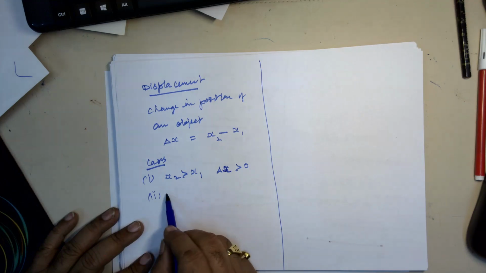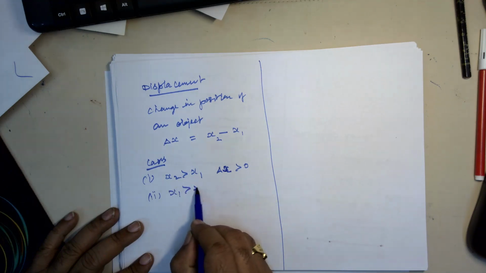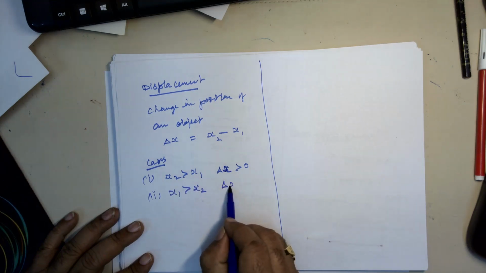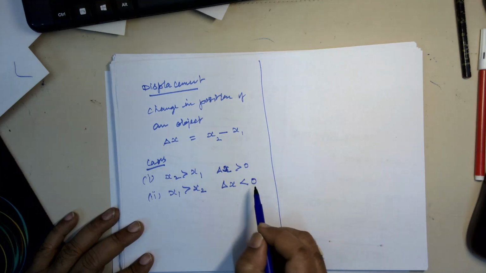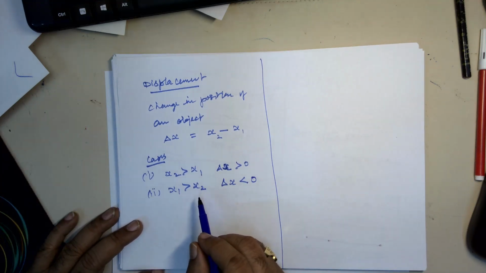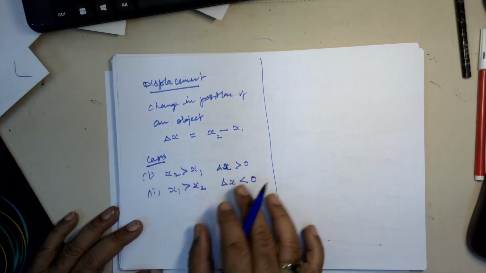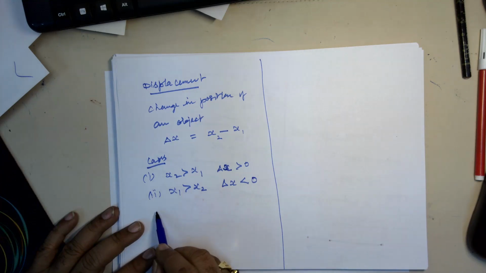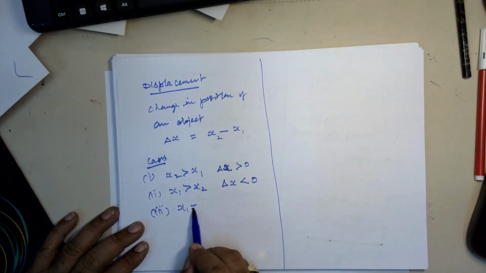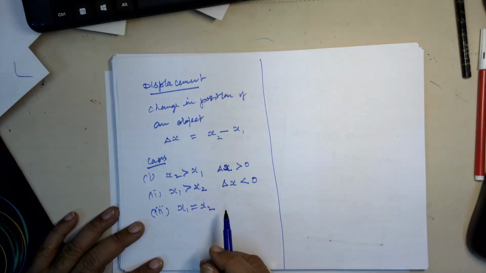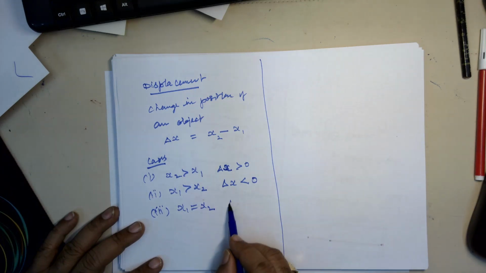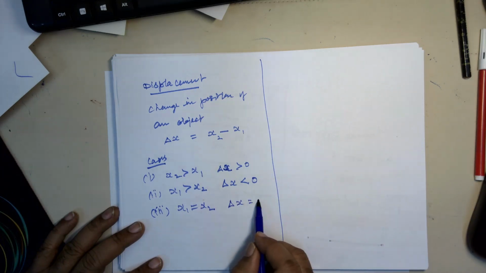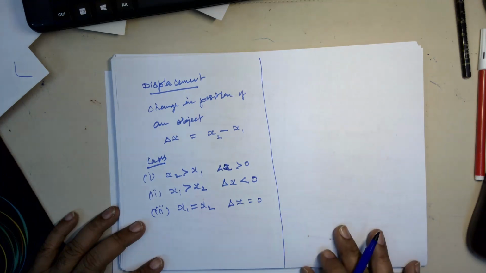Suppose if x1 is greater than x2, then delta x is negative, right? That is, the displacement is negative. And the third case is when x1 is equal to x2, it means there is zero displacement, that is delta x is 0. Do you understand?